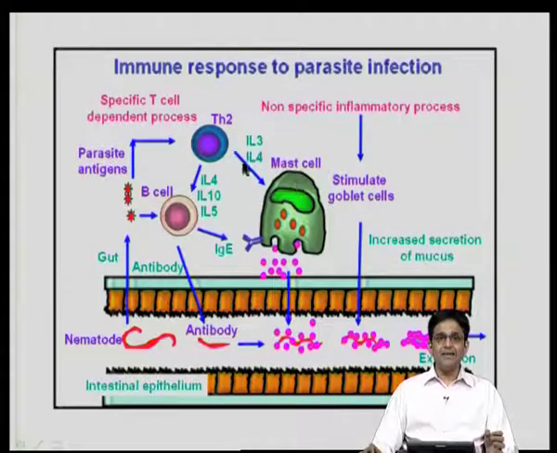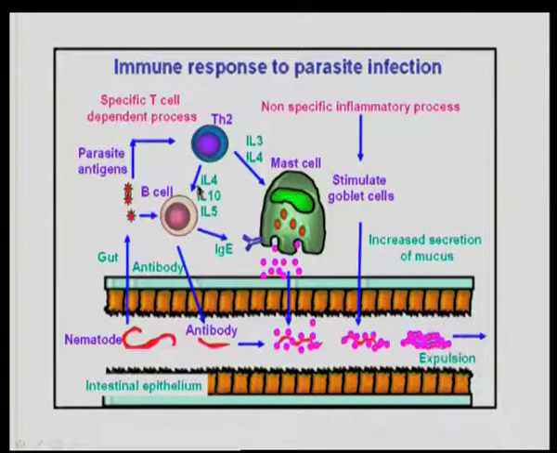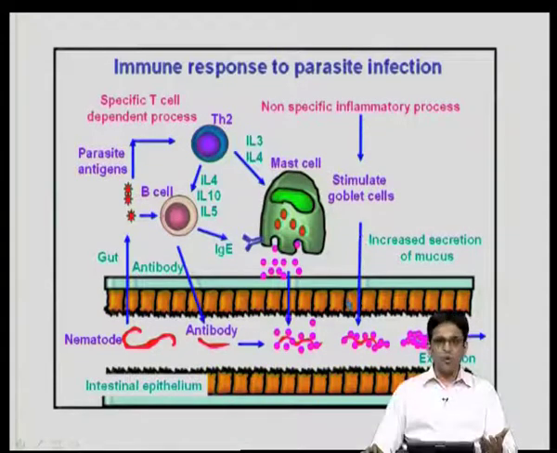Primarily what you have is expulsion, and to get expulsion you need increased secretion of mucus. For increased secretion of mucus, your cytokine profile has to be primarily Th2. You are generating a specific T cell response, and non-specific inflammatory stimuli act on the goblet cells, increasing mucus secretion. IL-4, IL-10 and IL-5 are all Th2 cytokine producers.